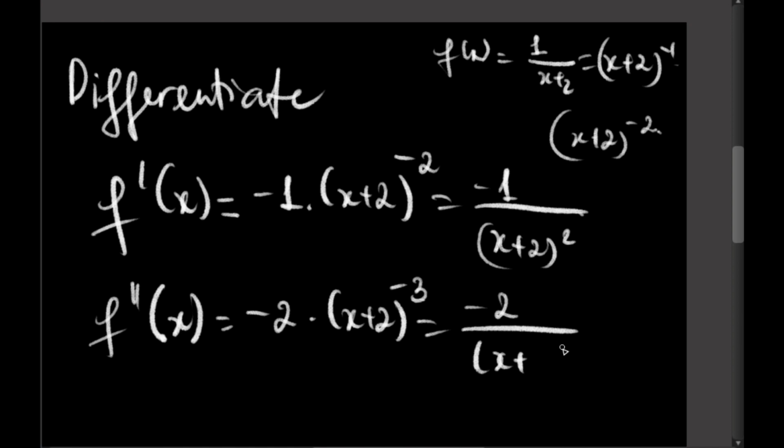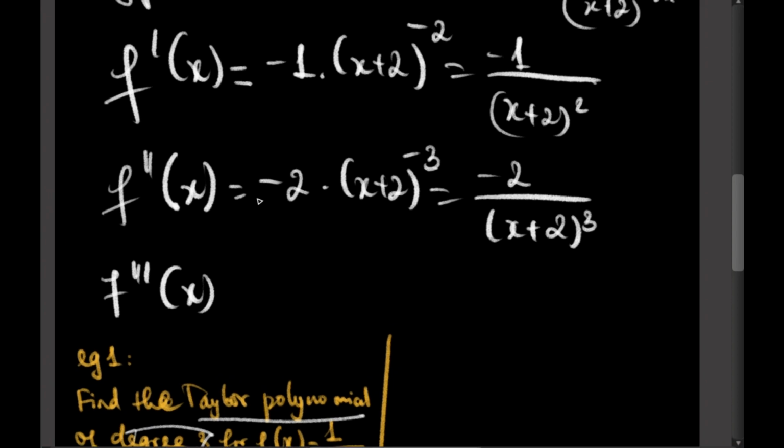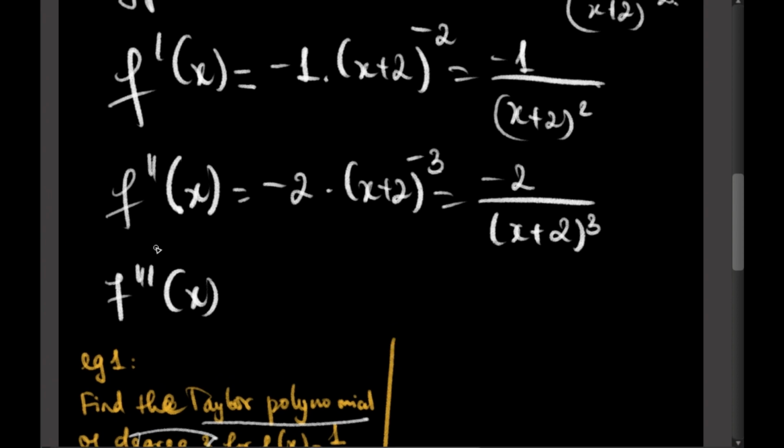I'm sorry, it's 2. And because it asks us to find the Taylor polynomial of degree 3, we need to find the third derivative of f(x). This is where it's going to end. We're literally going to do the same thing.